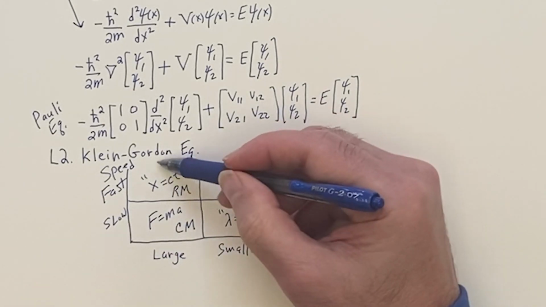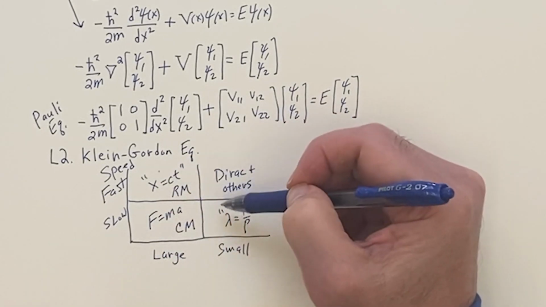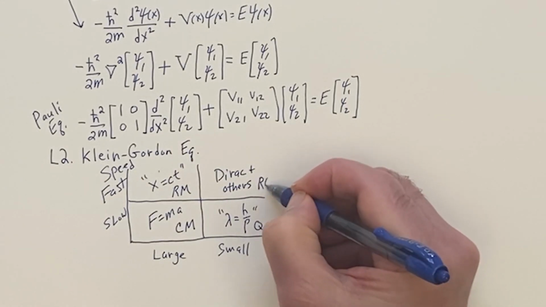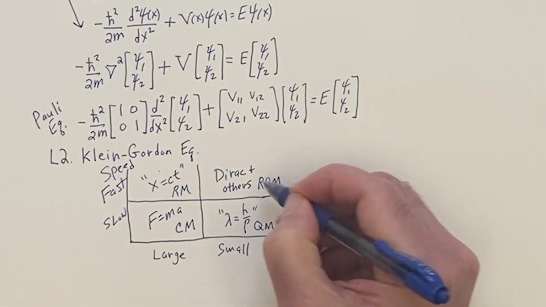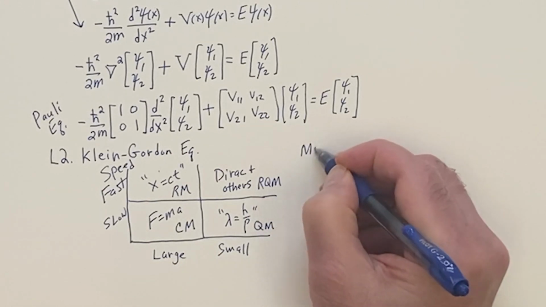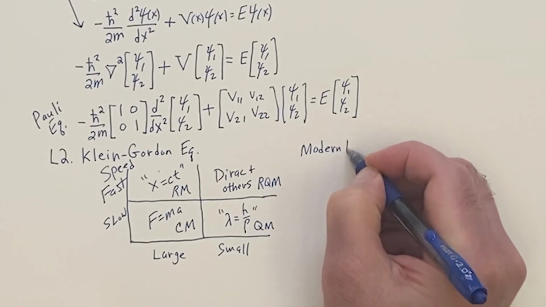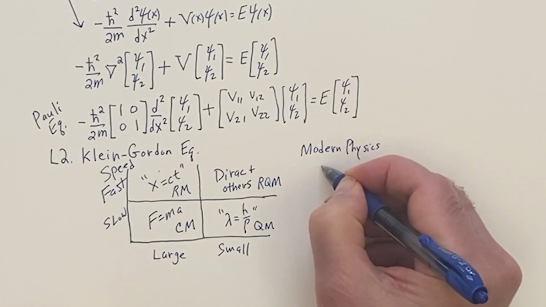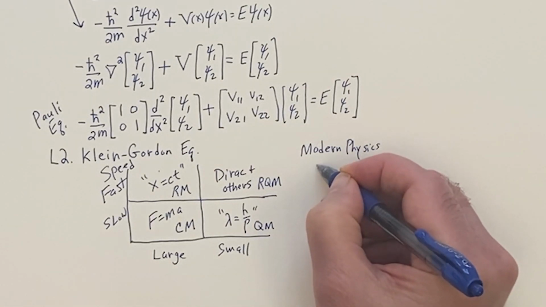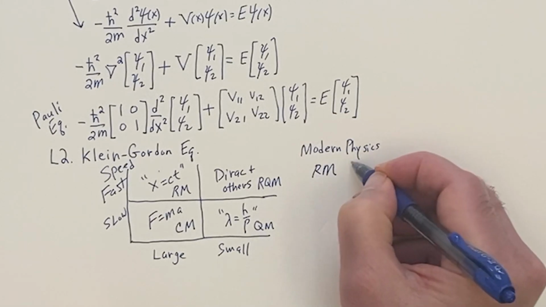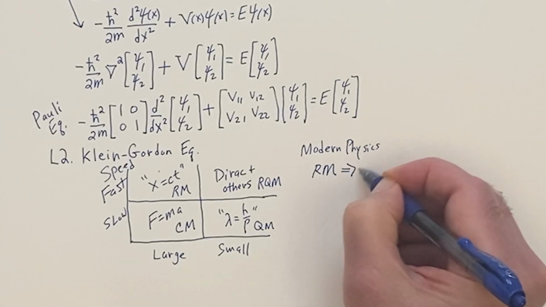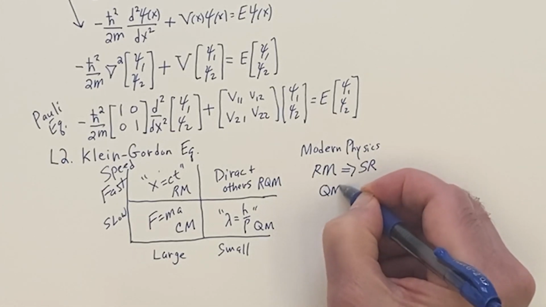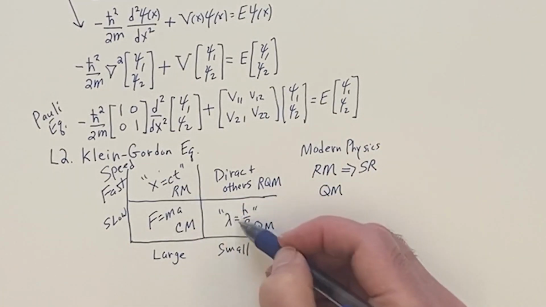And modern physics consists of relativity and quantum mechanics. And this would be relativistic quantum mechanics, and that's what we're looking at today. So what's called modern physics in the curriculum would be special relativity, relativistic mechanics, and quantum mechanics. So these two.